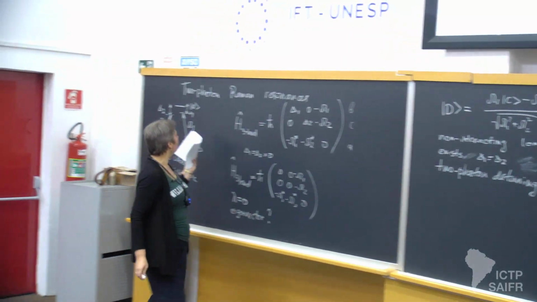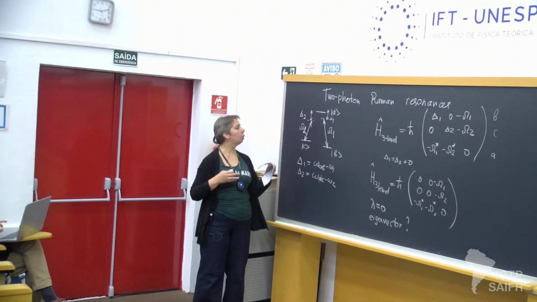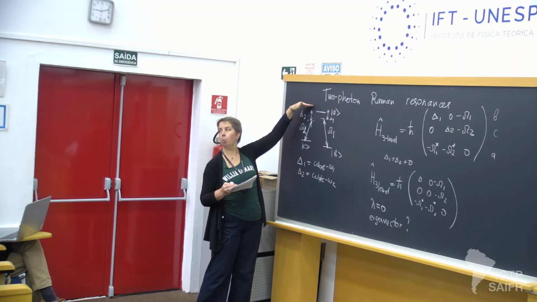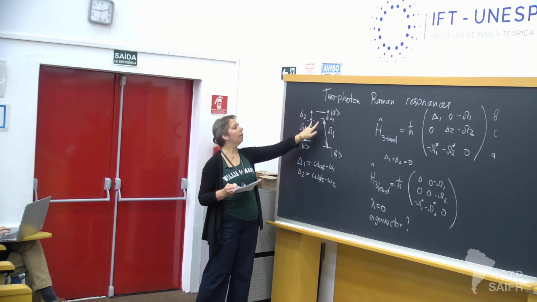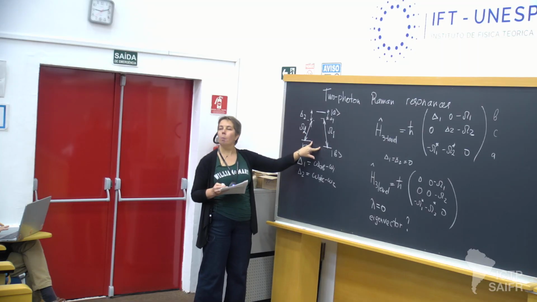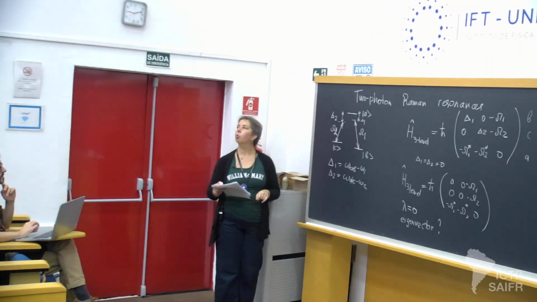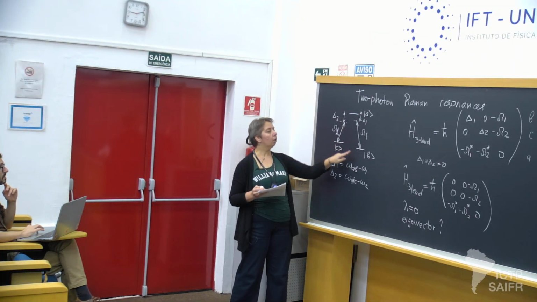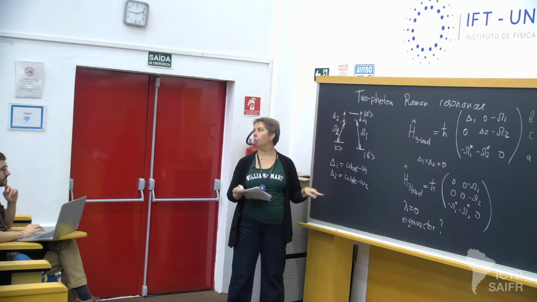And here, basically, I'm going to look at two different situations. First, how far the lasers are detuned from the excited states. And then, what is the difference between the frequencies of the two lasers and the ground state transition? Because essentially, with this two-photon transition, I'm creating a link between the two ground states using optical fields.